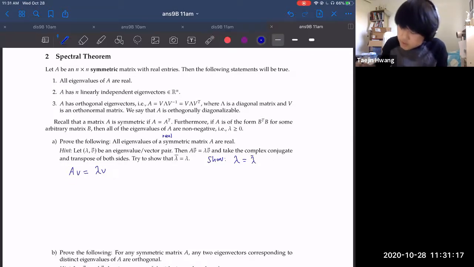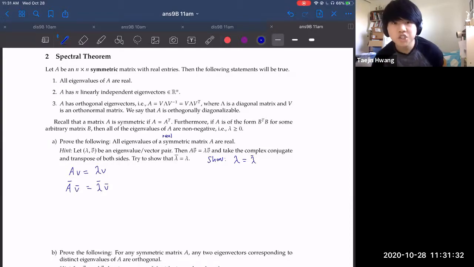AV equals lambda V. Let's take the conjugate and transpose of both sides. So if we take the conjugate of both sides, we're going to get A bar V bar is equal to lambda bar V bar. And the conjugate of a matrix is just taking the conjugate of every single entry.